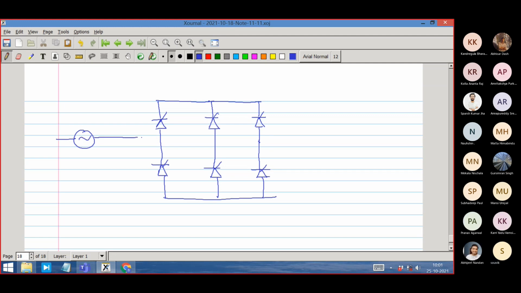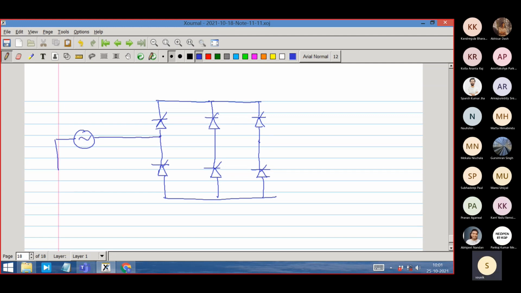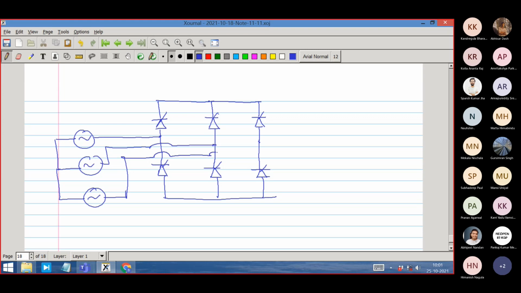This is one. Then this is the common neutral. The naming convention is TH1, TH3, TH5, TH2, TH4, and TH6, with minus plus convention of polarity.